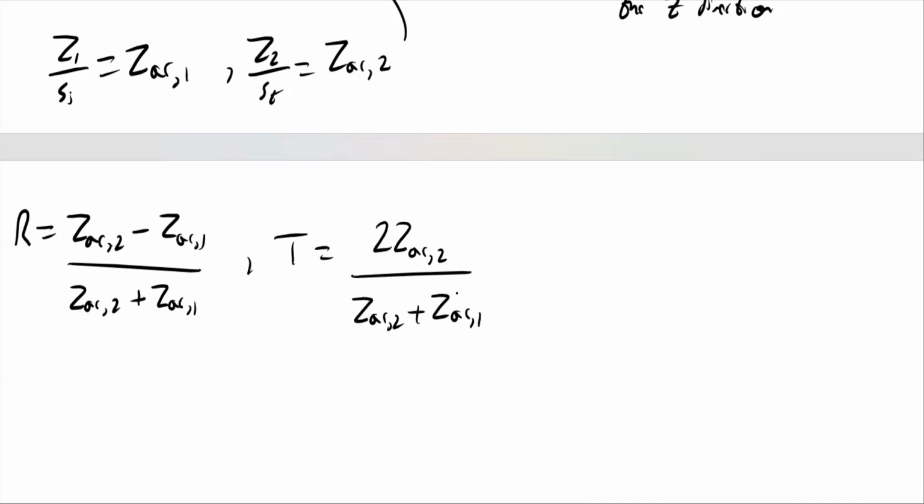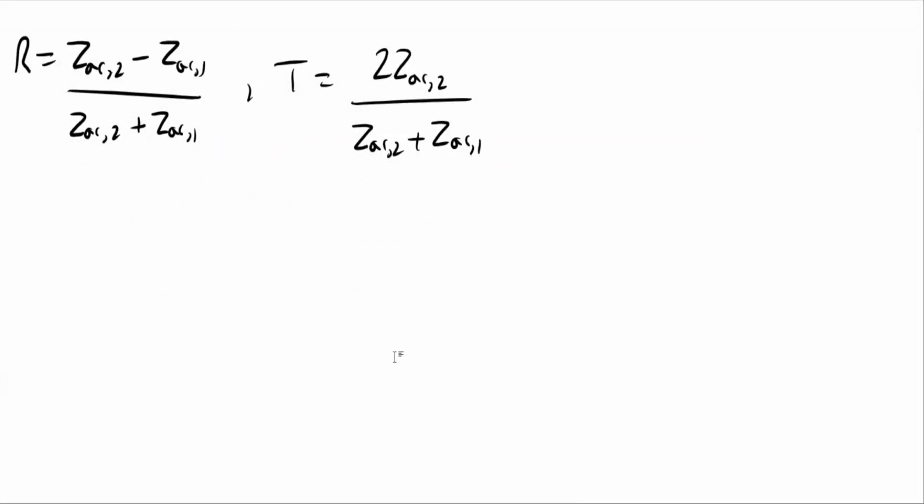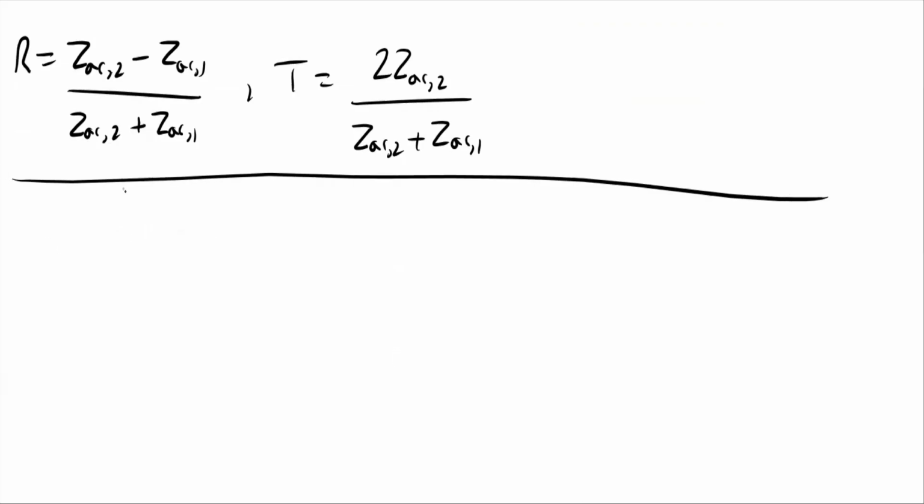Okay, so you might see the expressions for R and T in this form. Finally, there's one more thing to note before we close, and that's the power reflection and transmission coefficients, not to be confused with just the reflection and transmission coefficient.